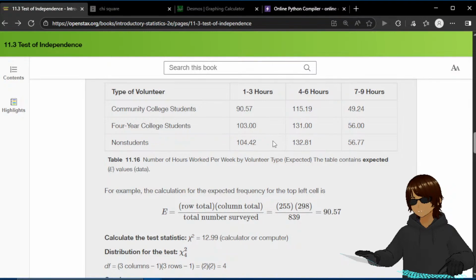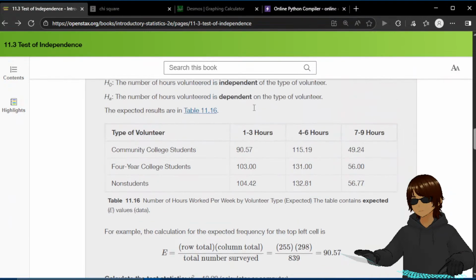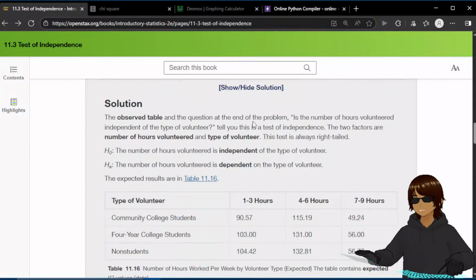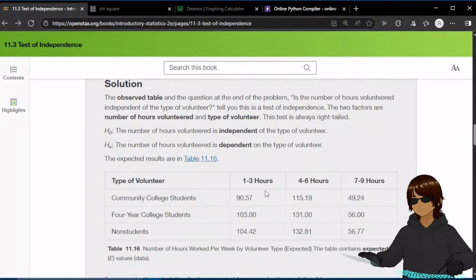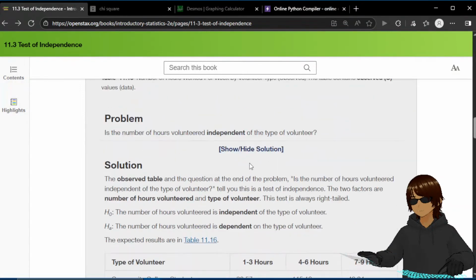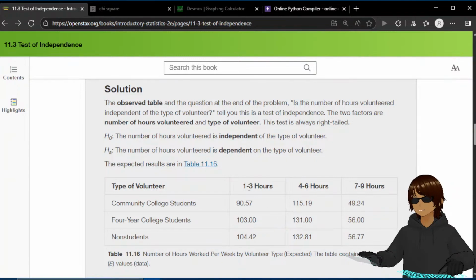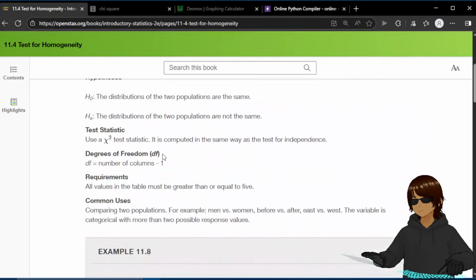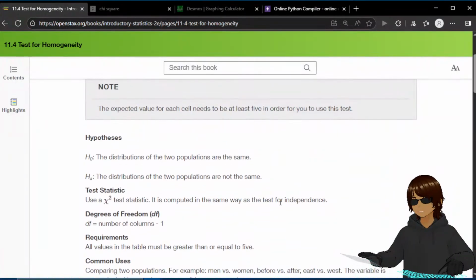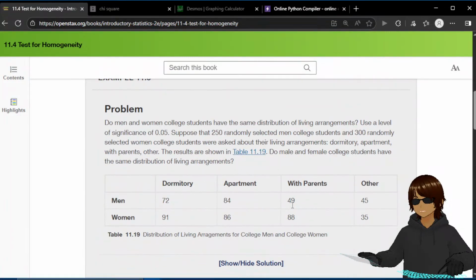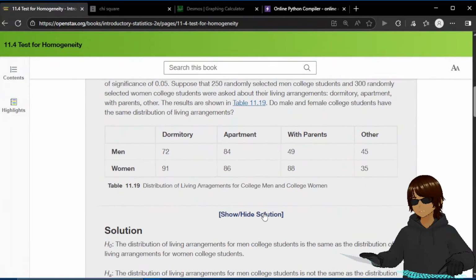Did they take the average? What did they take? Oh, this minus the observed value, right? No, sorry, the observed minus the expected, and then they summed it. Okay, let's try this over here because that's what they're saying. It's the same way as the test for independence. I don't know what that means.